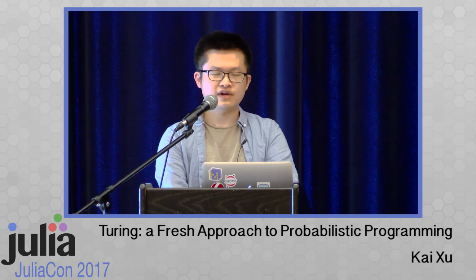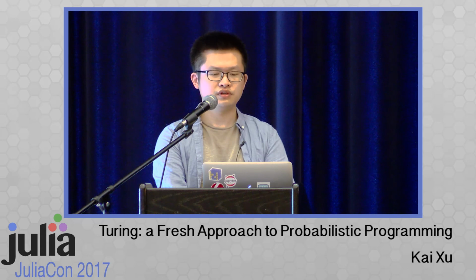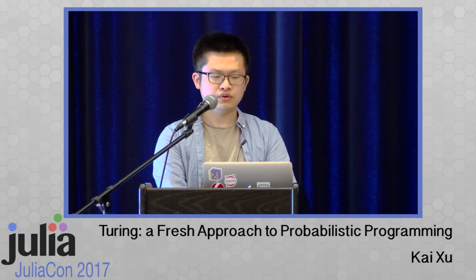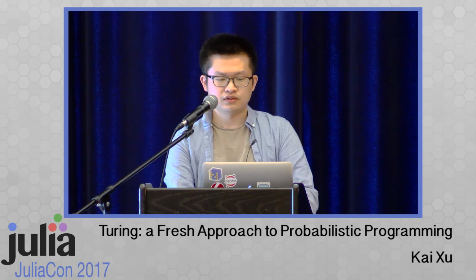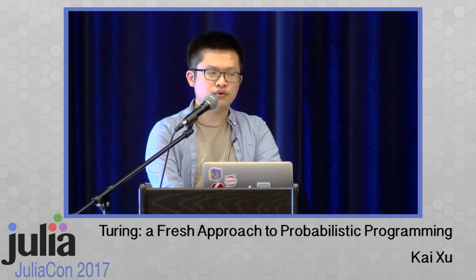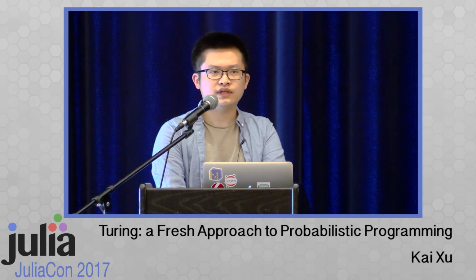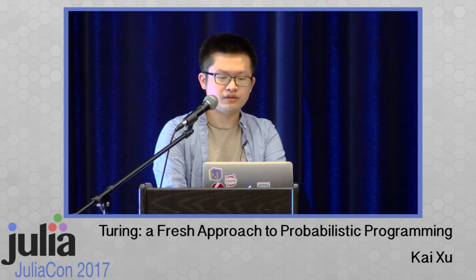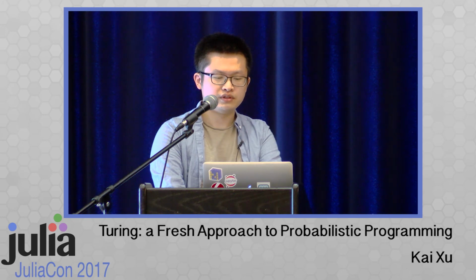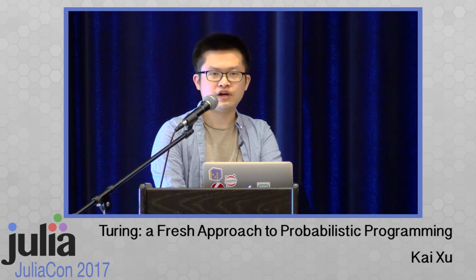Okay, once I define the forward pass of this neural net, I can use Turing to do Bayesian inference on it. How it works is that I put a prior on each weight and bias of the neural network parameters. Here you can see I'm saying that each of these parameters is sampled from a normal distribution with some variance.